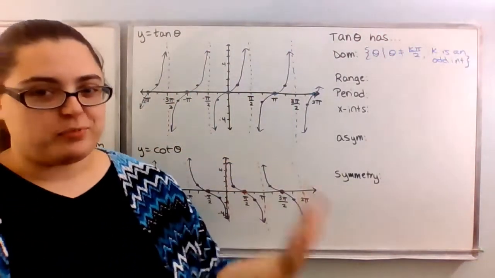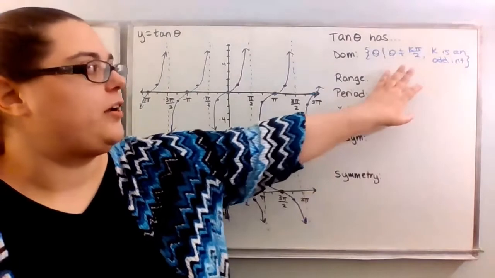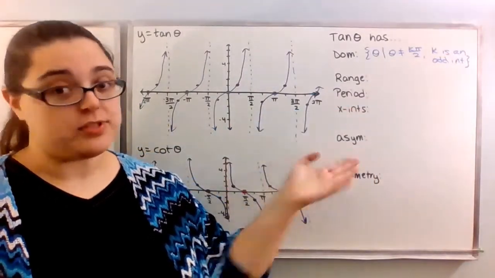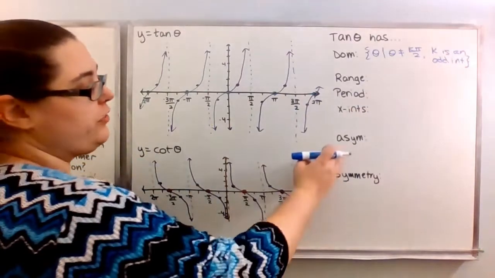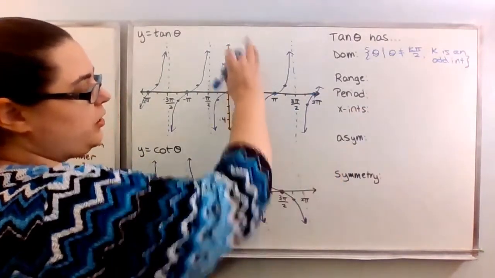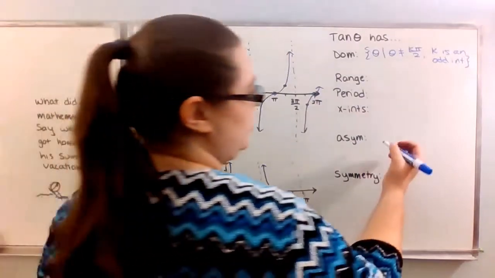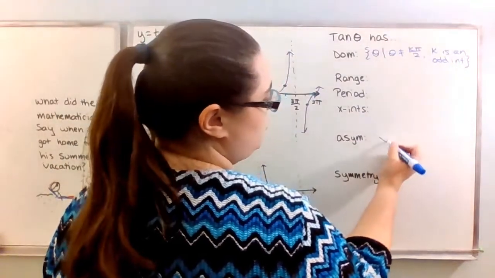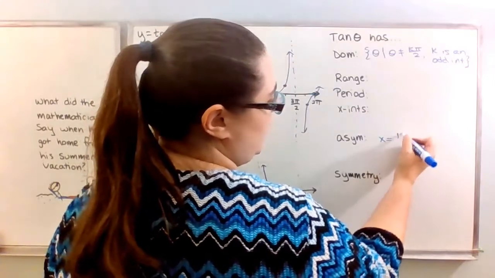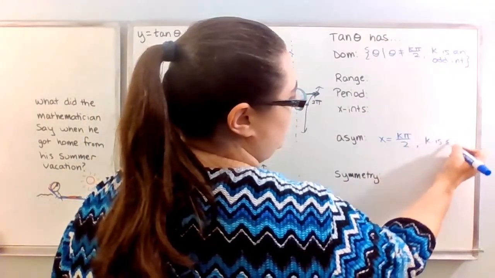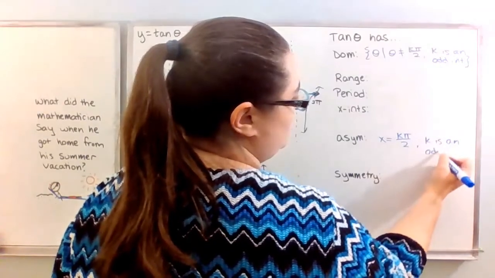So we're going to have problem spots there at the k pi over 2. We can also go ahead and write that in for our asymptotes now while we're thinking about it. So the vertical asymptotes of tangent are going to be wherever we have odd k pi over 2. So we have theta equals, or I'm going to write x equals k pi over 2, where k is an odd integer.